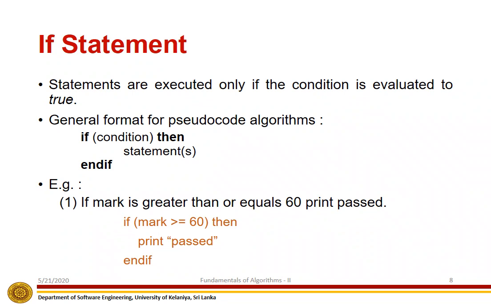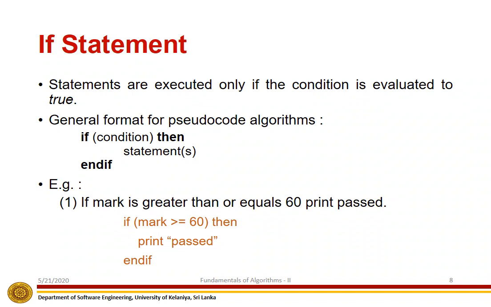Here I have given the general format for pseudocode writing. First we have to write the keyword if, then the condition that must be satisfied within the brackets, then the then keyword. After that the calculations or procedures that we want to run if the condition is true. Then we want to write the end keyword with if to indicate that we have finished the writing of if conditions.